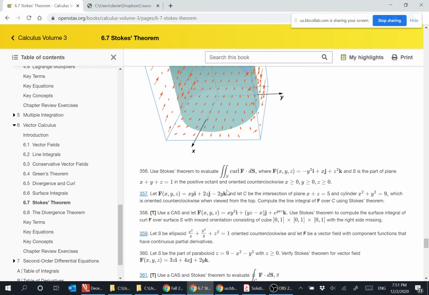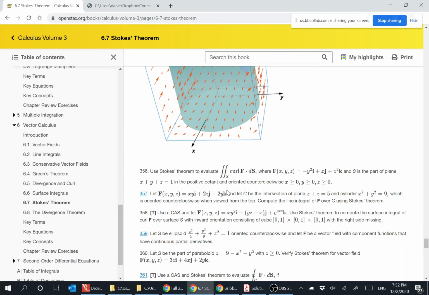Yeah, why not? Disk or the plane or something of that sort. Yeah, so like 357 is stated in this fashion.